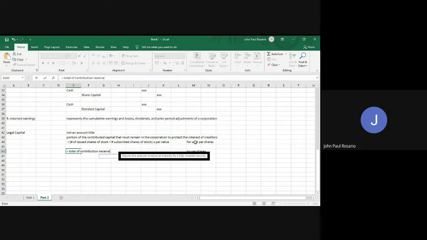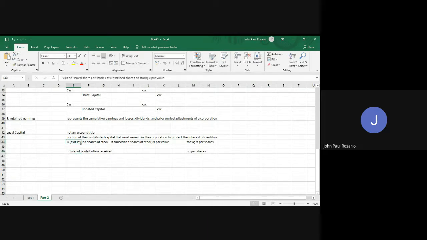So here guys, sa first, kung with par siya nga shares, walay labot si share premium or katong excess of par value. For no par shares, since wala man siya par value, so meaning katong tanan nga imo na receive, wala share premium ato. So tanan nimo nga contribution nga na receive, muna siya imong share, muna siya imong legal capital.